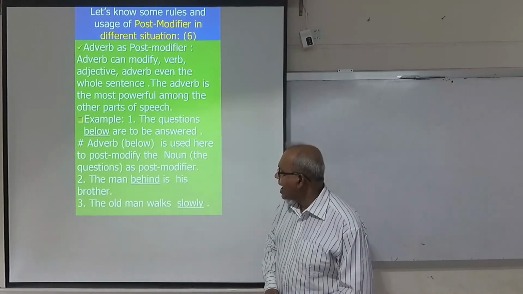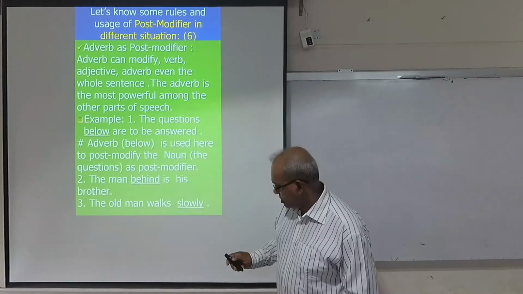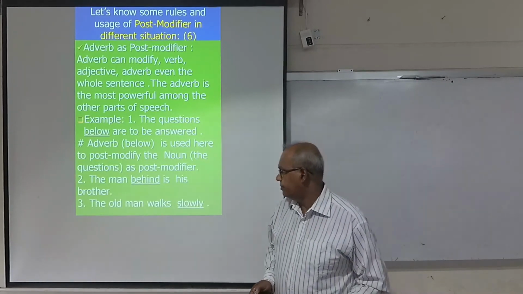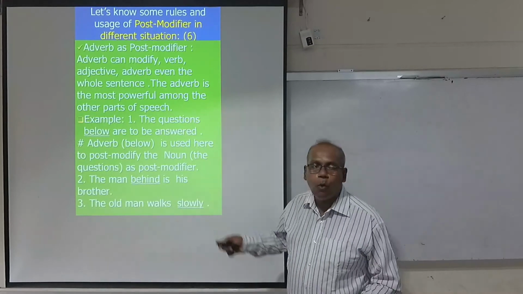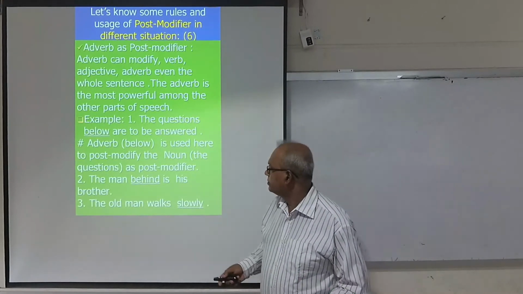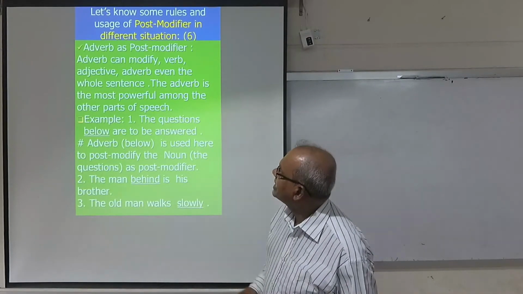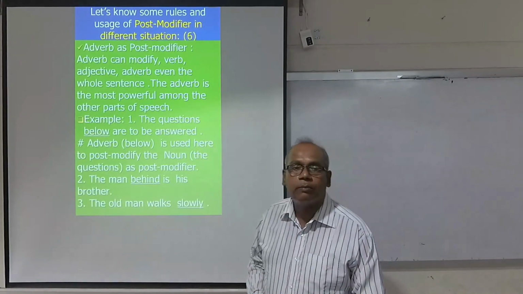The old man walks slowly. Look at the word slowly. It is an adverb, and this adverb modifies the verb walks. So it is used here as a post modifier. So we can say an adverb can be used as a post modifier.